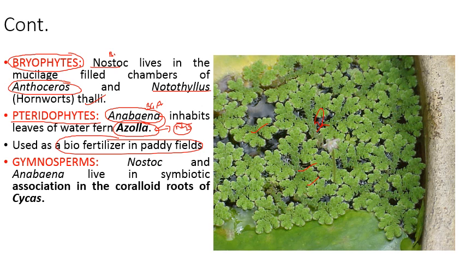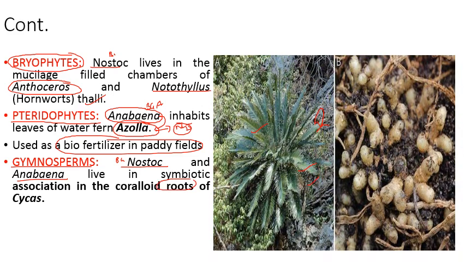Then we have algae that shows association with gymnosperms. Nostoc and Anabaena, again BGA, live in association in the coralloid roots of Cycas. So Cycas is a gymnosperm. इसकी जो roots होती हैं, these are some nodulated roots. इन roots के अंदर पाया जाता है Anabaena और Nostoc, and they help in nitrogen fixation. So they show a symbiotic association with gymnosperms also.